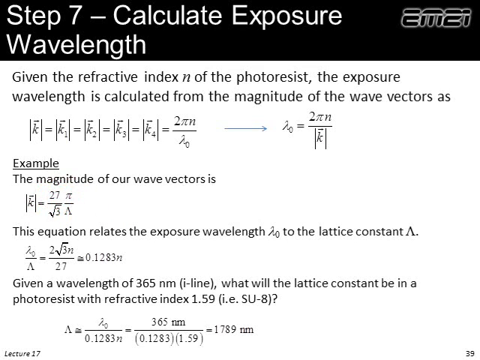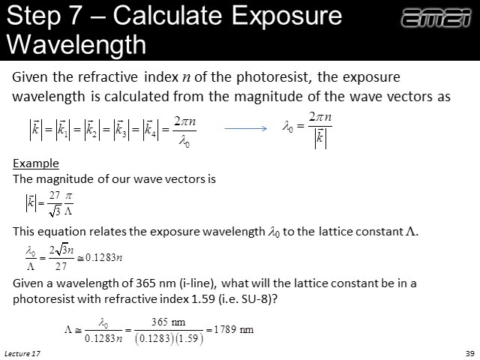Now we can use this to figure out, either given a free space wavelength, what lattice spacing that will produce, or if we really need to realize a certain lattice spacing, what wavelength we would need to do that. However, usually in lithography, the wavelength of our exposure is fixed, and there's a lot of reasons for that. The lamps sold only generate certain ultraviolet lines.